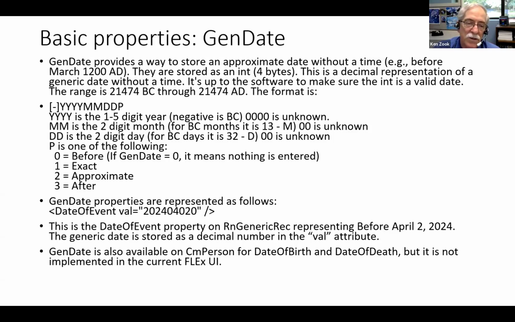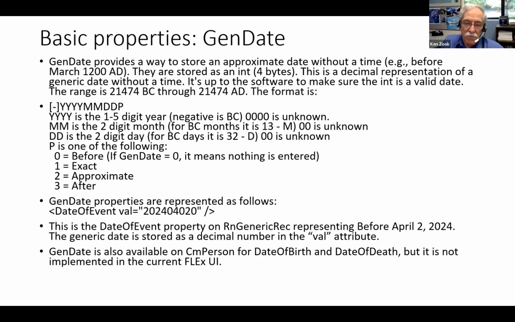And then the final digit is one of the following: it's 0 if it's before, 1 if it's exact, 2 if it's approximate, and 3 after. And a GenDate that has 0 altogether means there's nothing entered in it.